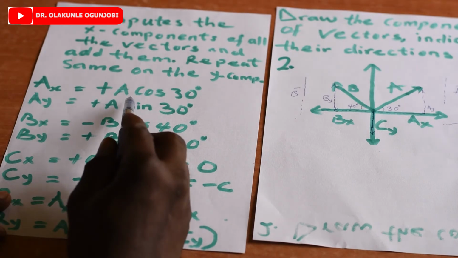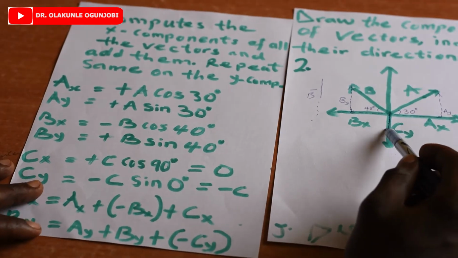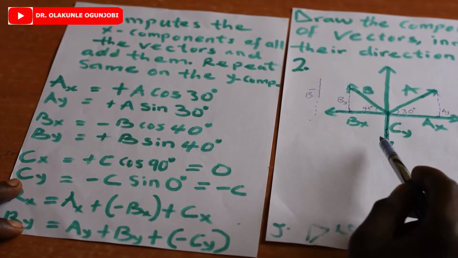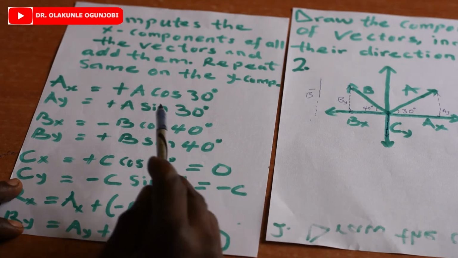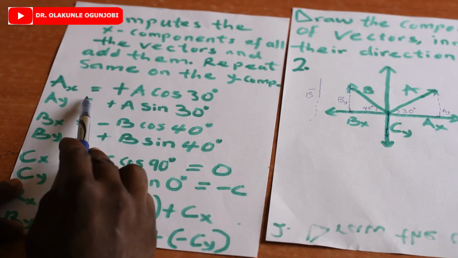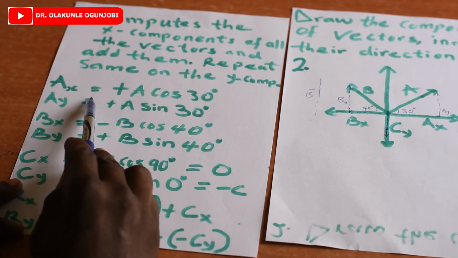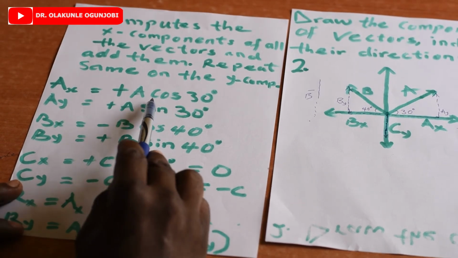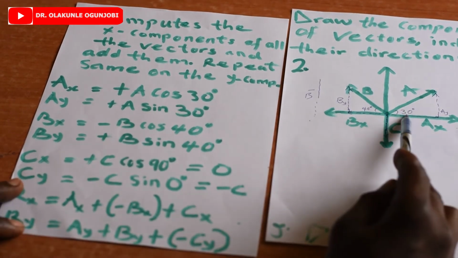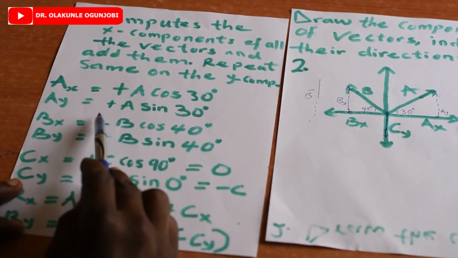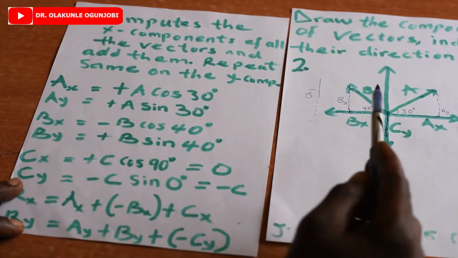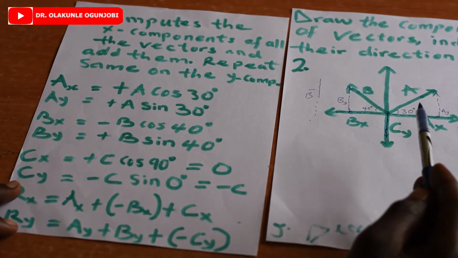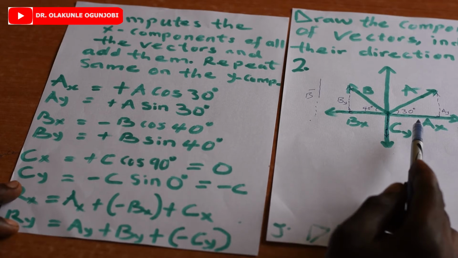Ax will be equal to a cos that. In this case, should we use this diagram? In this case, you have the ax component equal to a cos 30 degrees. You can see that. And then for ay, you can see it will be a sine 30 degrees. All right.